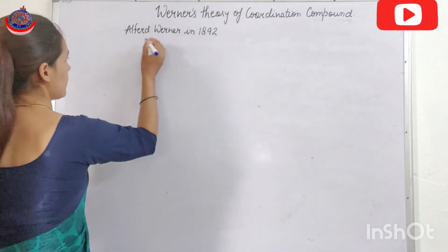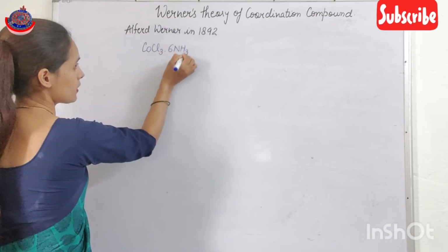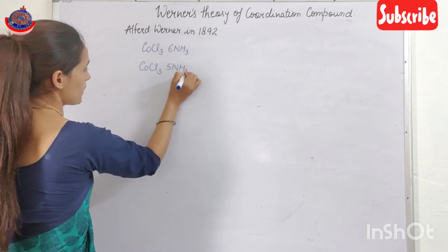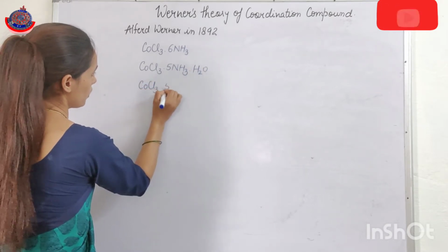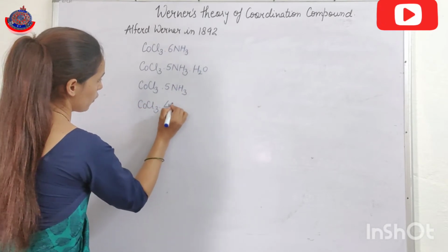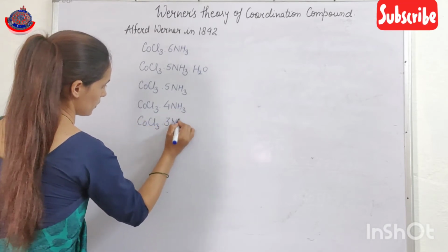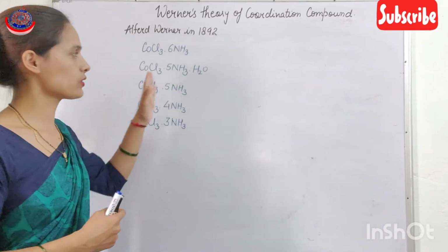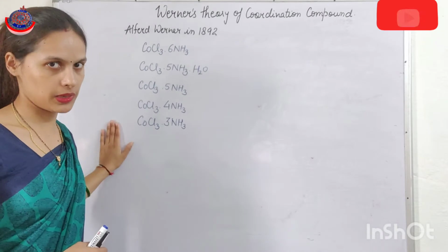Those complexes were COCl3.6NH3, COCl3.5NH3.H2O, COCl3.5NH3, COCl3.4NH3, COCl3.3NH3. So वर्नर ने क्या किया? Werner reacted COCl3 with NH3 and produced these complexes.